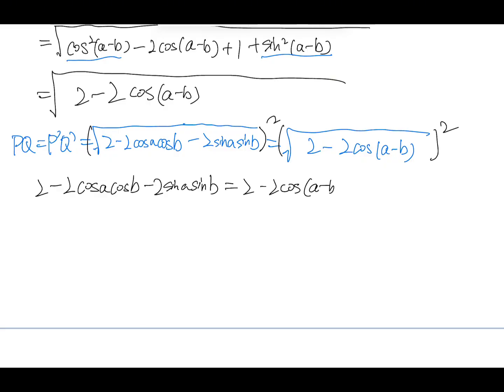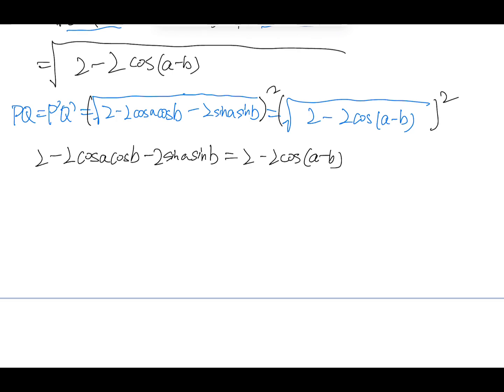This is very similar to the original identity. Now we can subtract 2 on both sides. We don't want them. And then it will be negative 2 cosine A times cosine B minus 2 sine A times sine B equals negative 2 times cosine A minus B. It's the last step.